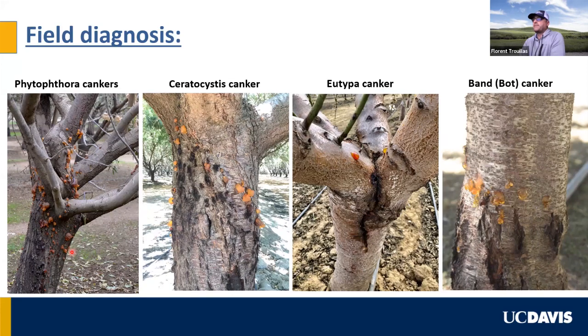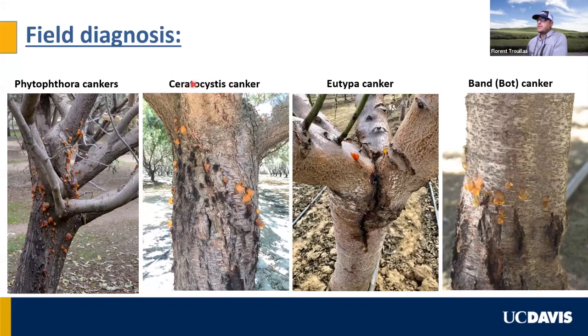A lot of PCAs have a tendency to blame it on Phytophthora before thinking of these other diseases. With Phytophthora, you will notice gumming occurring throughout the infected area and generally near the tree crotch and making its way up into the scaffold branches. But again, gumming throughout the infected area.